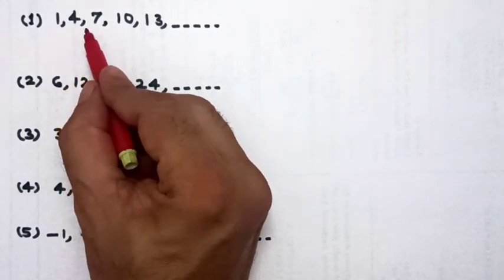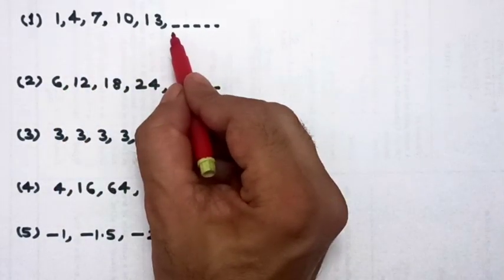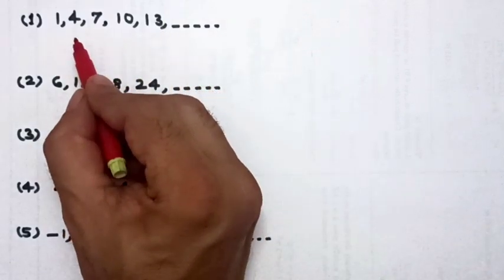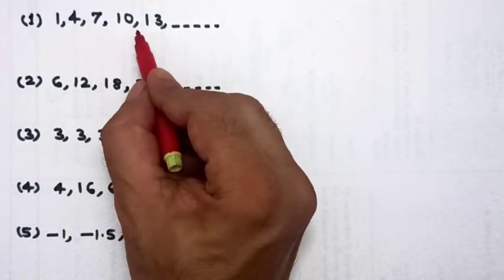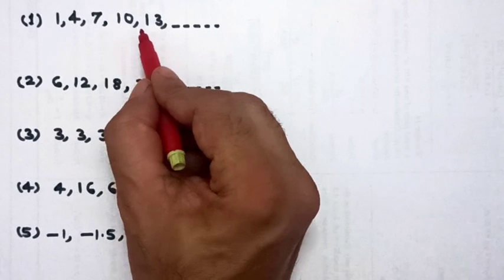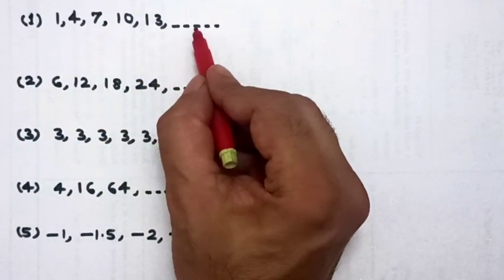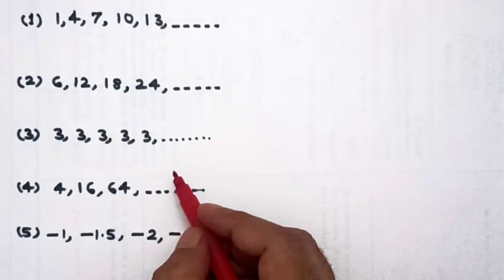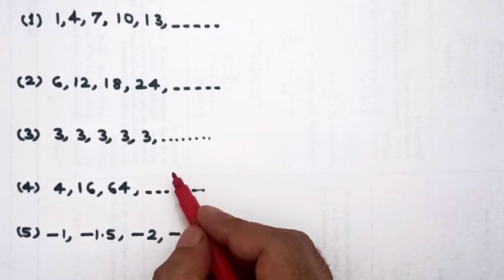Look at this arrangement of numbers. These numbers which are arranged in a definite order are all called a sequence. A sequence is a collection of numbers arranged in a definite order according to some definite rule.